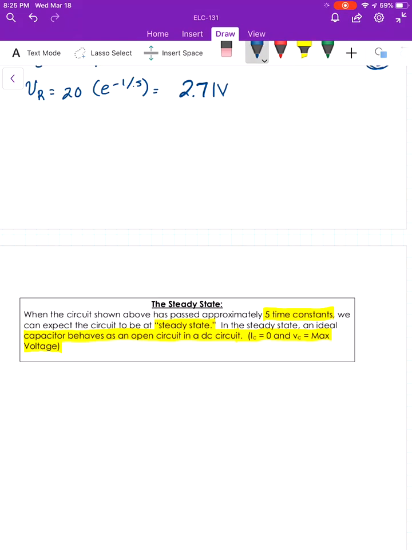It should theoretically stay there the entire time, until something else happens to either discharge the capacitor or to charge it fully if we didn't allow it to charge in the first place. We will work more on the steady state at another time, and the discharging phase is yet to come as well. And that's all.